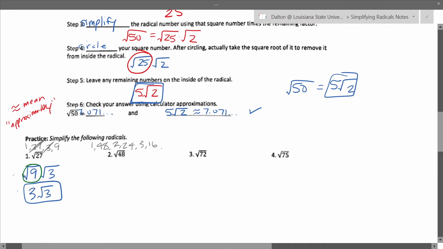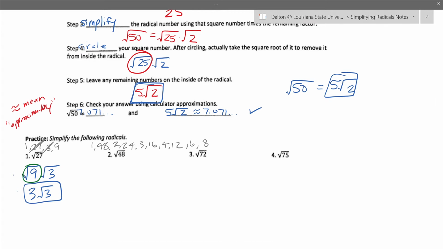It goes into 48 12 times. 5 is not a factor. 6 is a factor. 6 goes into 48 8 times. 7 is not a factor. 8 is a factor, but it's already on the list. So that's how I know my list is done, because I'm getting a repeat of factors that are there.